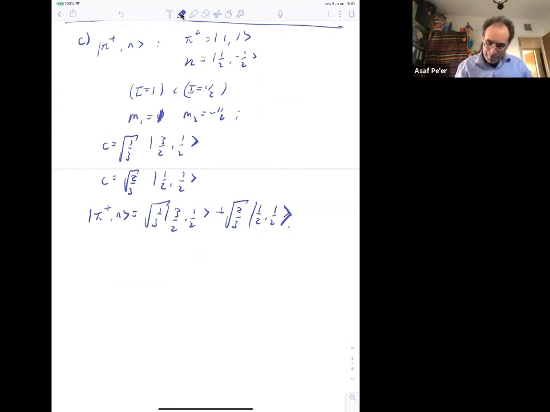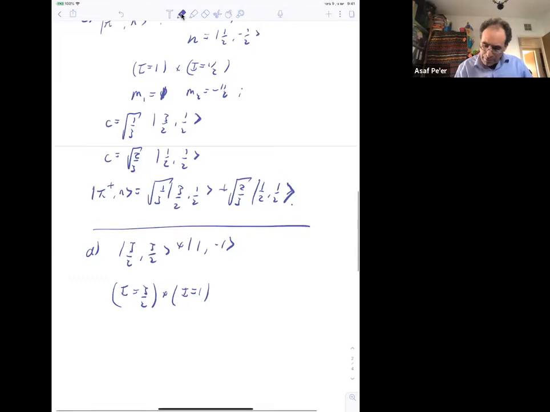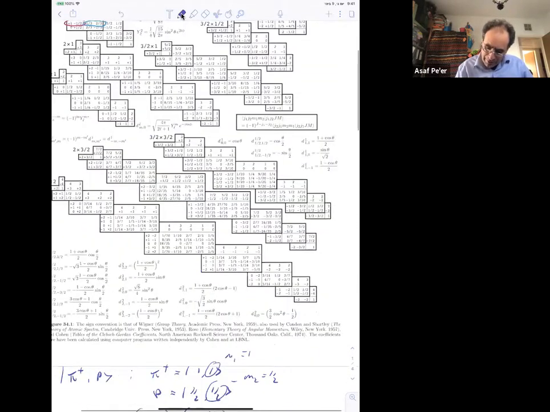Let's do a final example. Let's not look at something which you already had. So let's look at 3/2 multiplied by 1 minus 1 state. So here we have I1 is 3/2 multiplied by I, which is 1. So let's look at the relevant table. So now we have a different table.